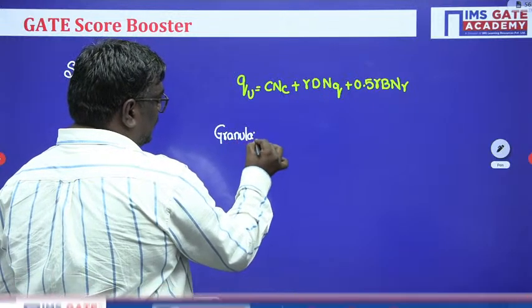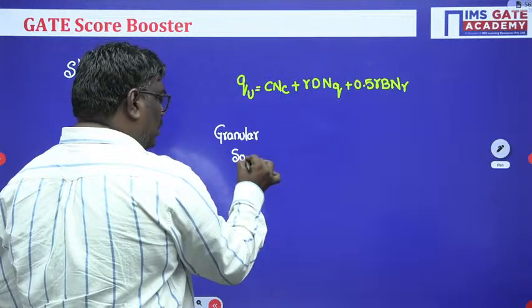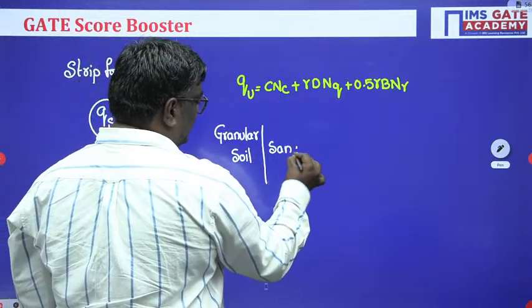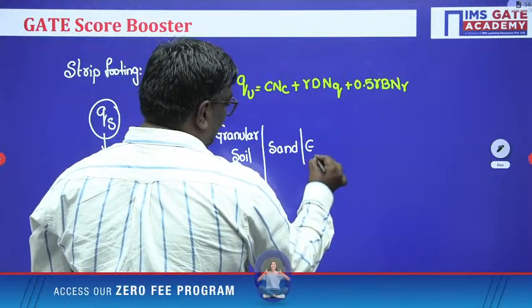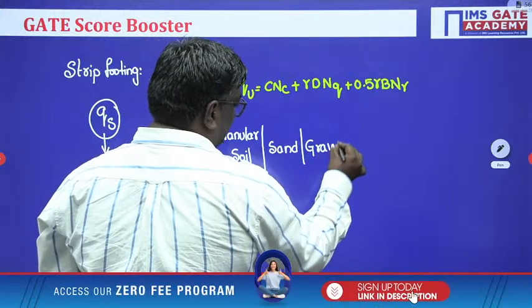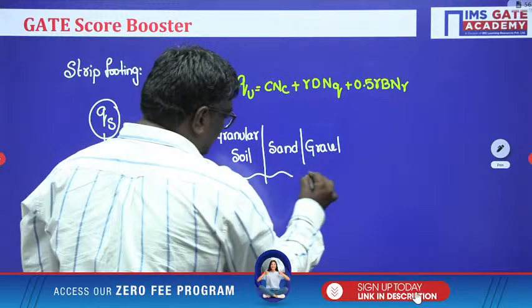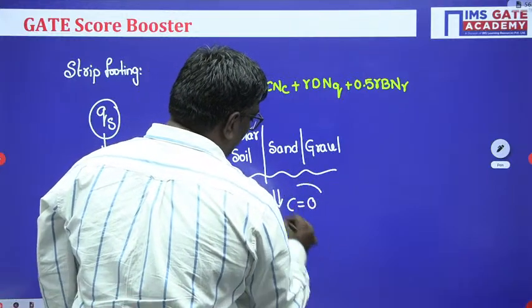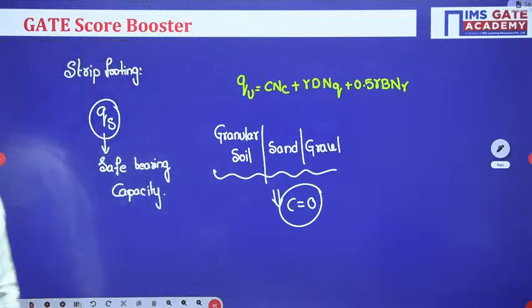Whenever they say granular soil, or if they give you sand, granular soils are nothing but sand or gravel. When they use these terms, by default you can assume that c is equal to 0. Bonding will not be there. Cohesion will be equal to 0.